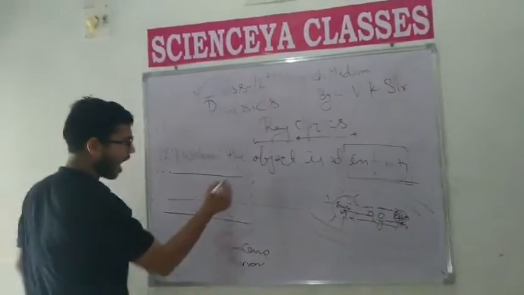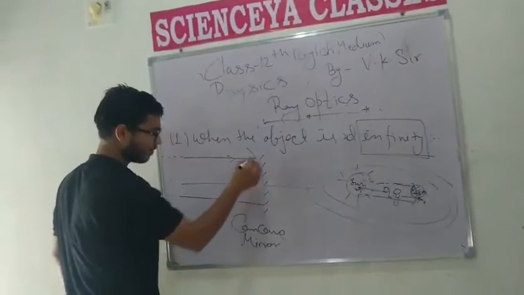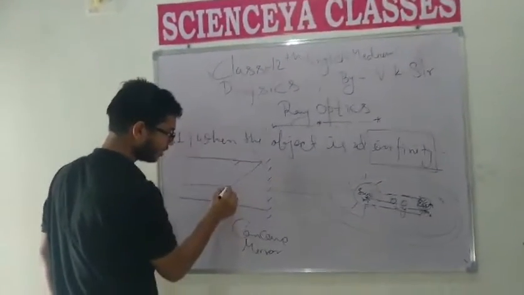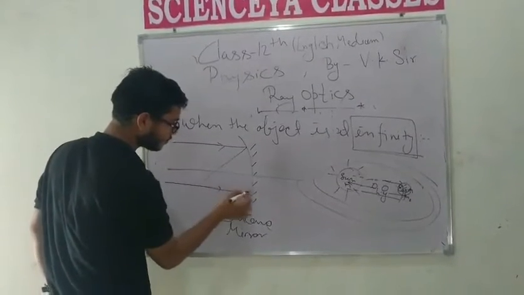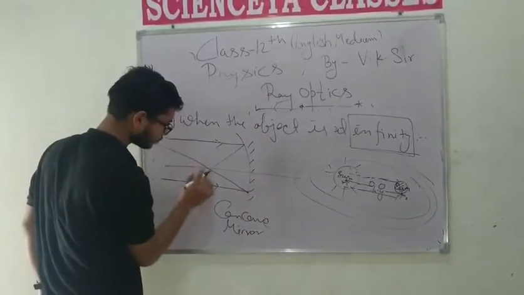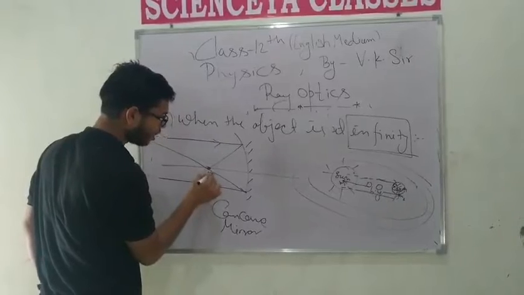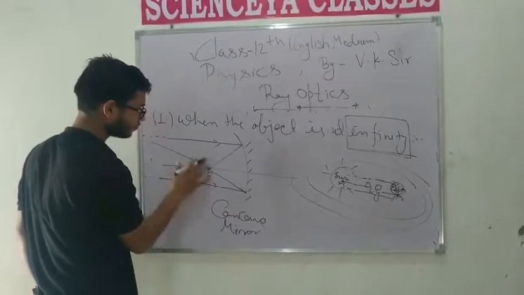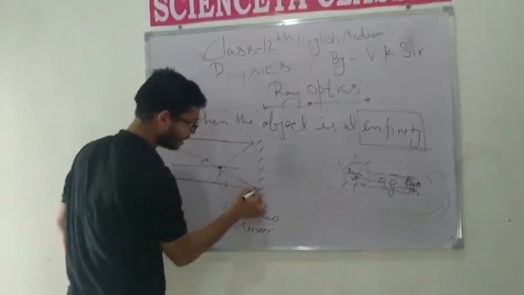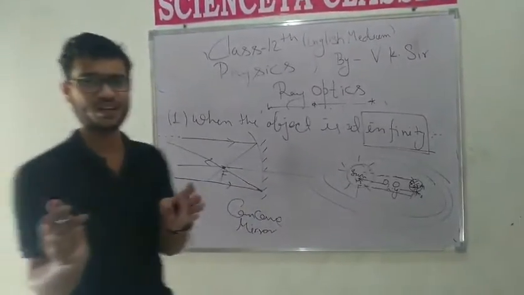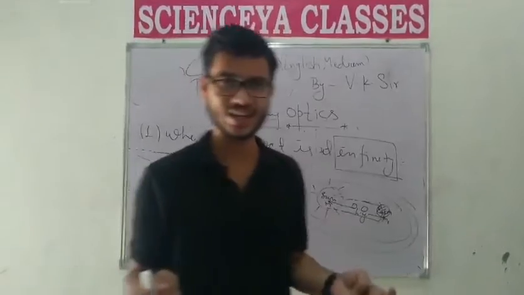Understand? So after reflecting, these rays of light pass through a common point. Here the ray drawing is not perfect because I haven't a scale.